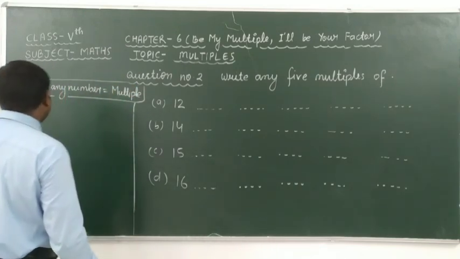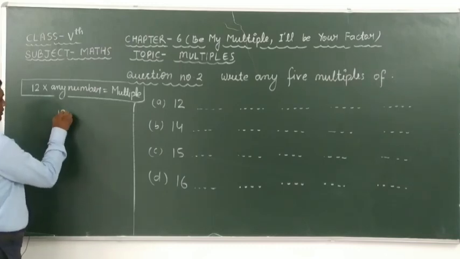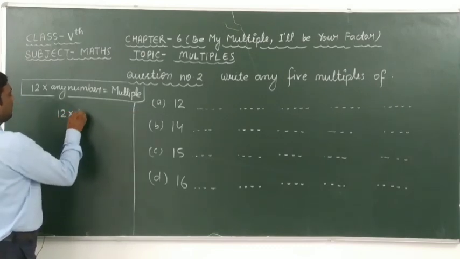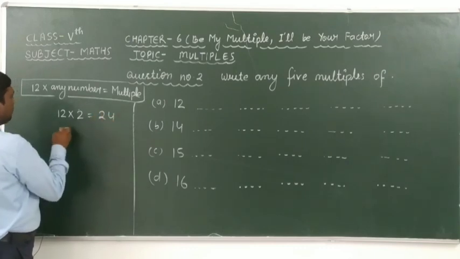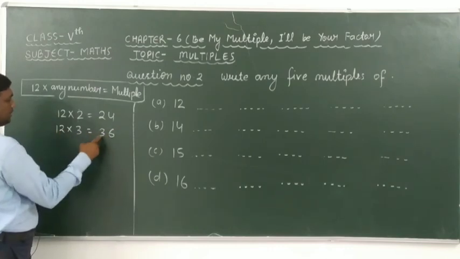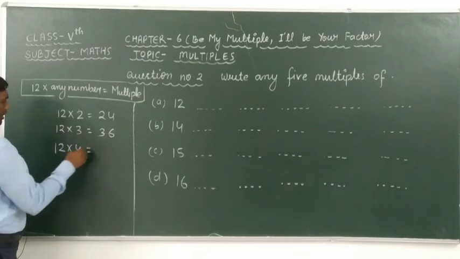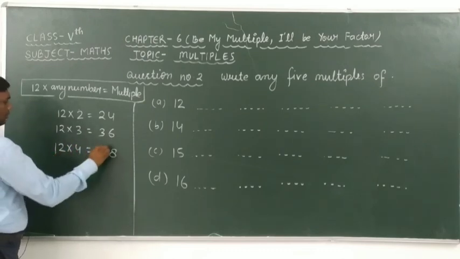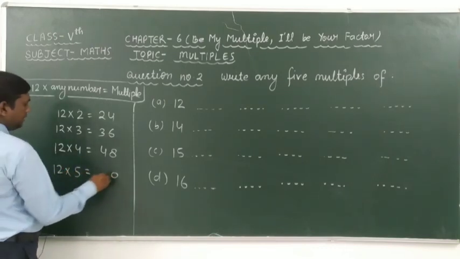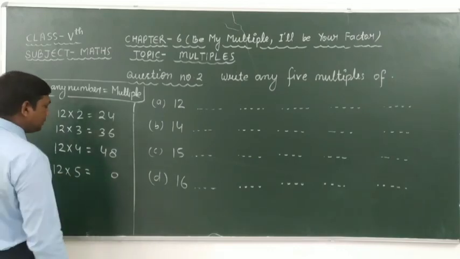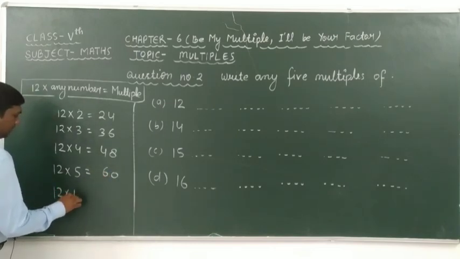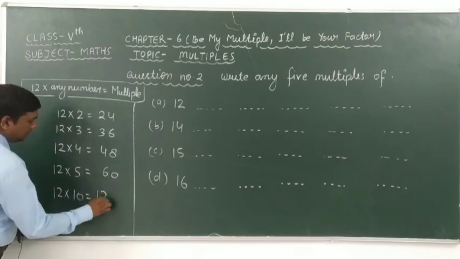Okay, firstly we have to take 12 into 1 is equal to 12, and 12 2s are 24, 12 3s are 36, 12 4s are 48, 12 5s are 60, and 12 10s are 120.